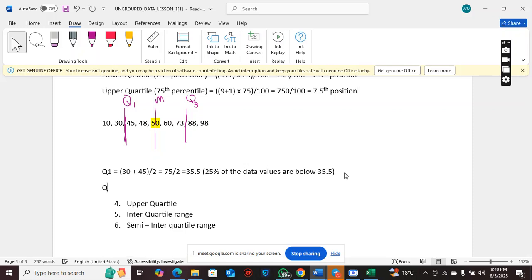So we're going to say Q3. Okay, upper quartile is Q3. The median is Q2. Remember this, colleagues: Q1, lower quartile. Q2, median. Q3, upper quartile. So we're going to say 73 plus 88 divided by 2. 161 divided by 2, that is 80.5.